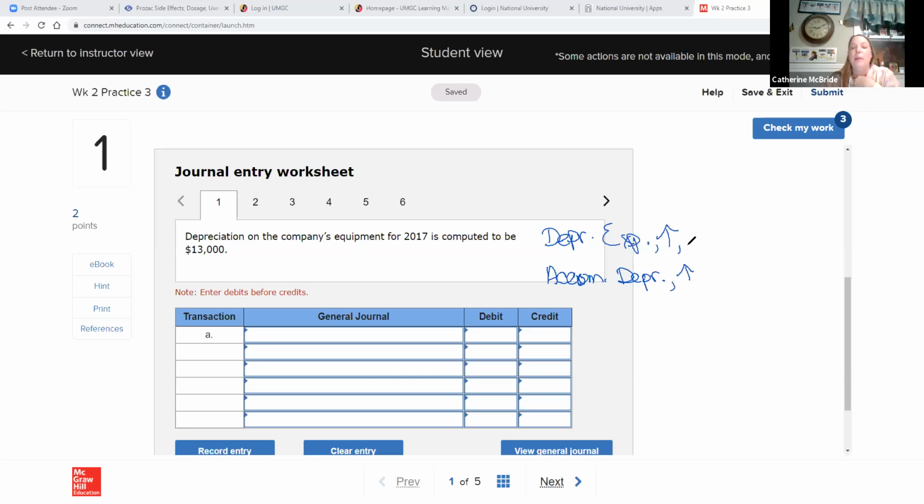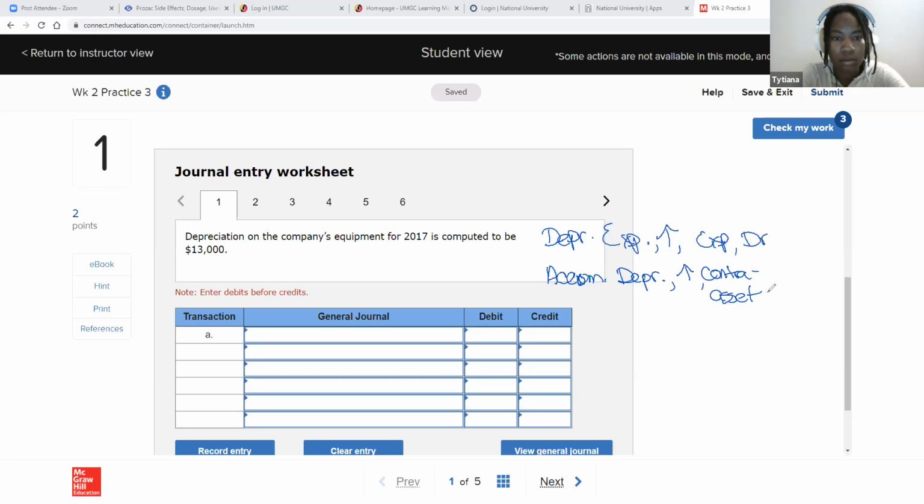What type of account is depreciation expense? Expense. What type of account is accumulated depreciation? I'm going to help you because it's new. Contra. The contra asset. Yes. If I increase an expense, do I debit it or credit it? Debit. If I increase an asset, do I debit it or credit it? Debit. So since it's a contra asset, I'm going to do the opposite.